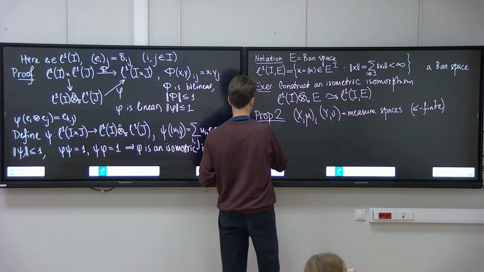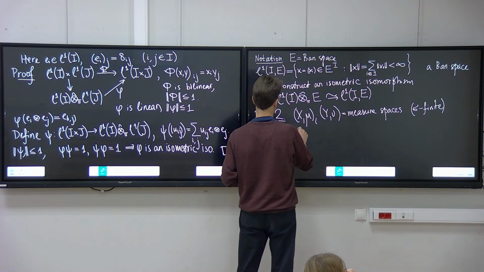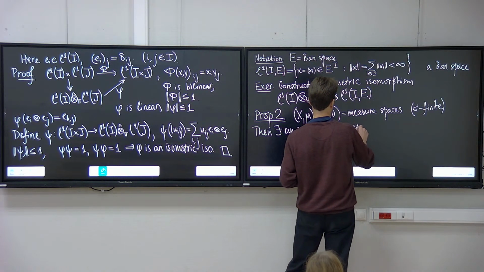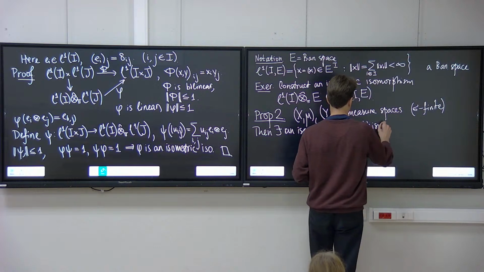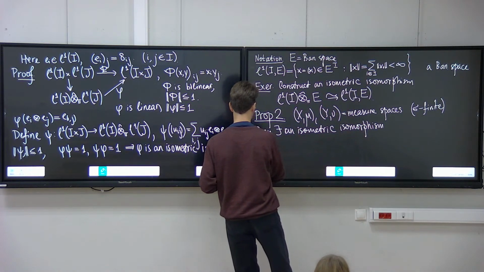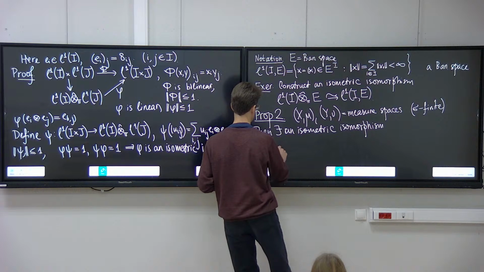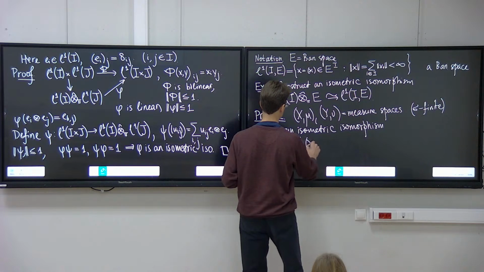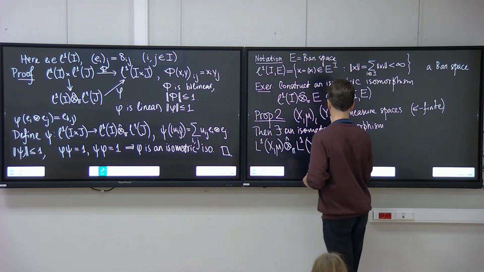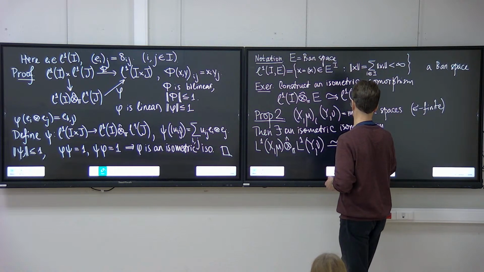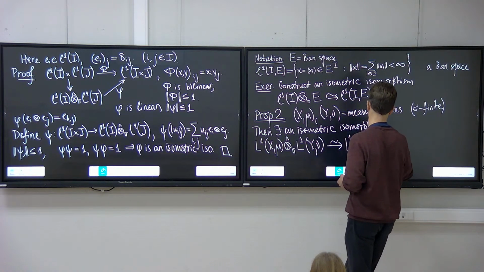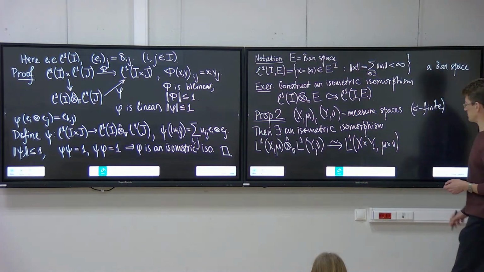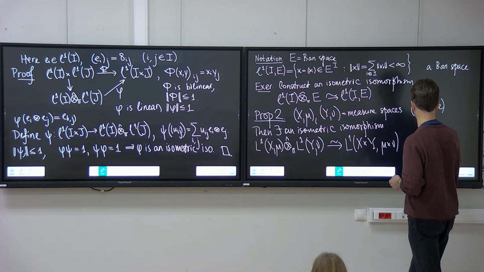I claim that there exists an isometric isomorphism between the projective tensor product of the L1 spaces, L1 of X mu and L1 of Y nu, and the space L1 on the product X cross Y. And this isomorphism is uniquely determined by the following rule.